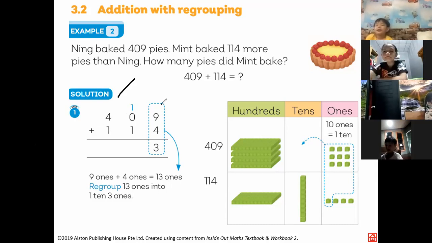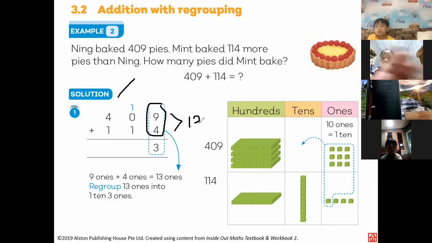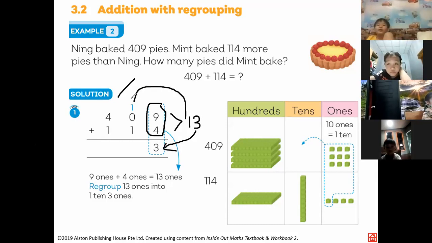First is we have to add this number in one's place. So 9 plus 4, that's 13. So we will put 3 over here. And then let's put 1 over here. It's carry 1, okay? And then since we have 1 here, we just have to add 1 over here.